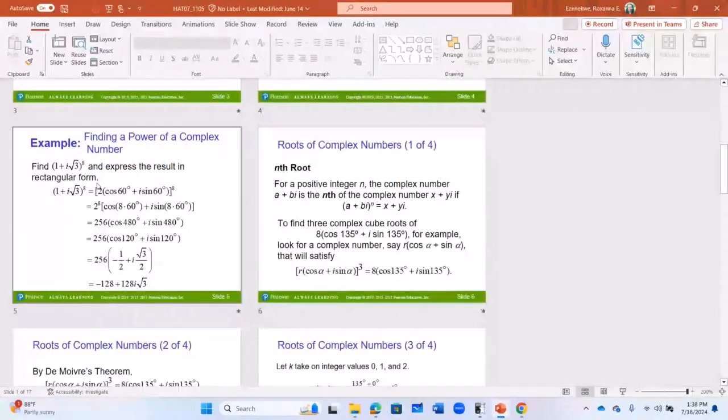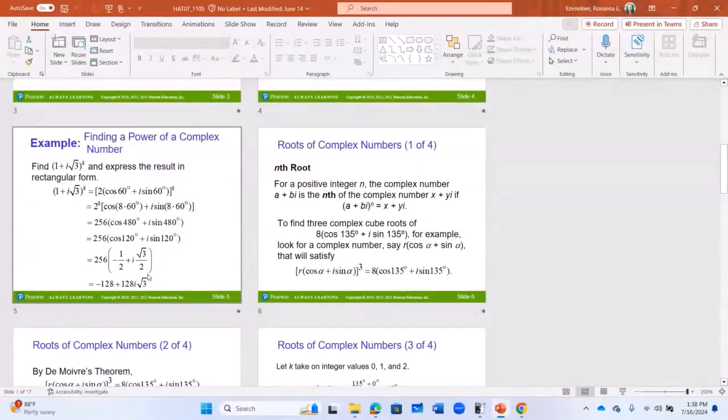So 1 plus i root 3 raised to power 8 is equal to, bring down the equation. Now raise R, the modulus, to the power, and then it's just like adding 8 times. So multiply. So we have seen an example, and when you finish, convert your answer back to rectangular form.